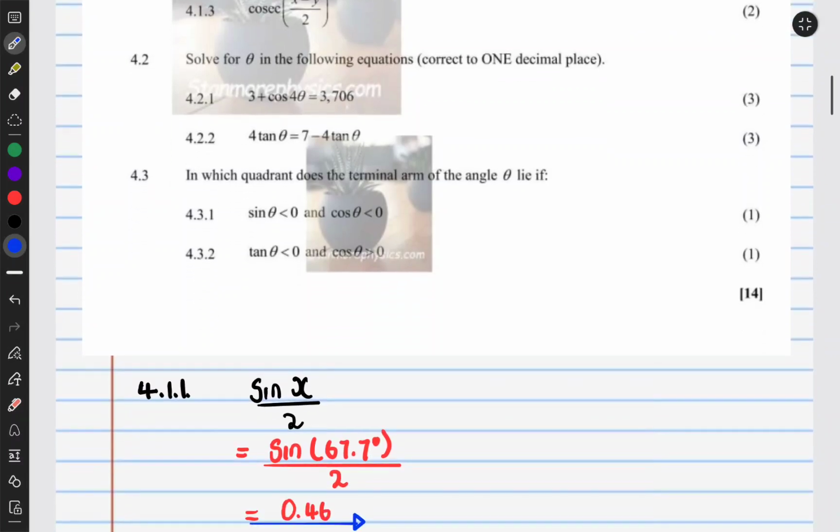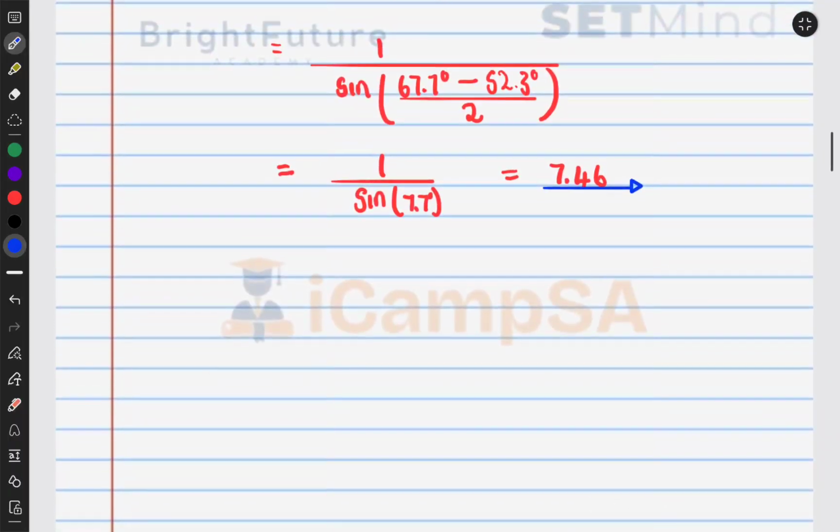So for 4.2.1, we have 3 plus cos 4 theta is equal to 3.706.